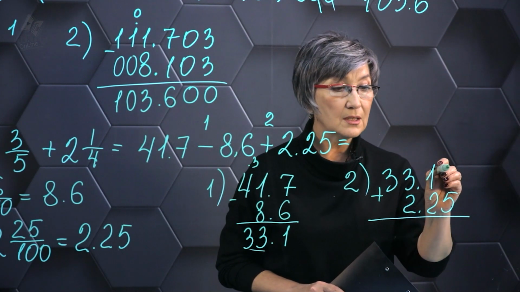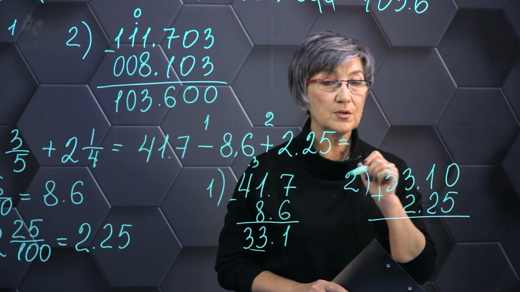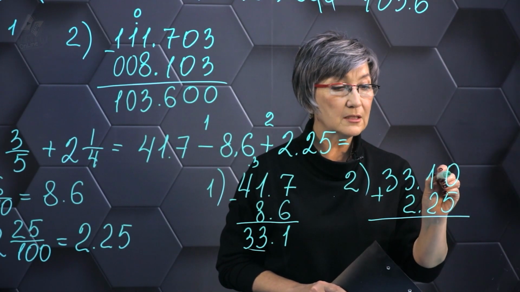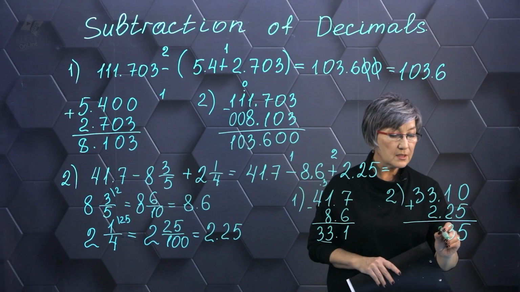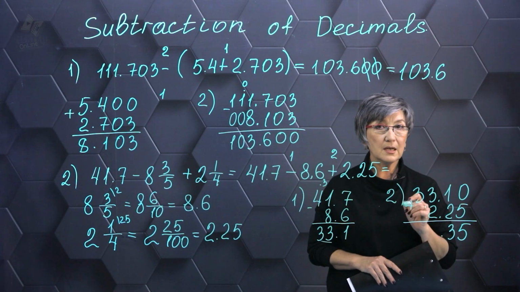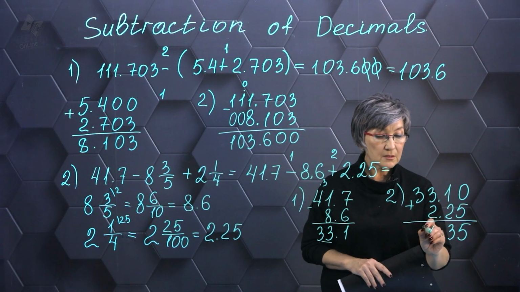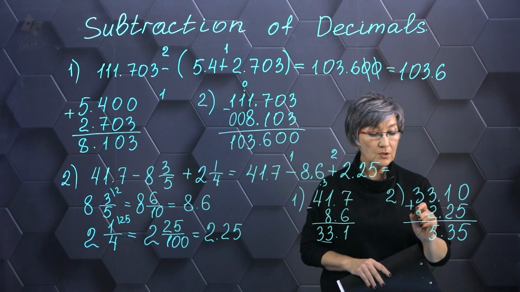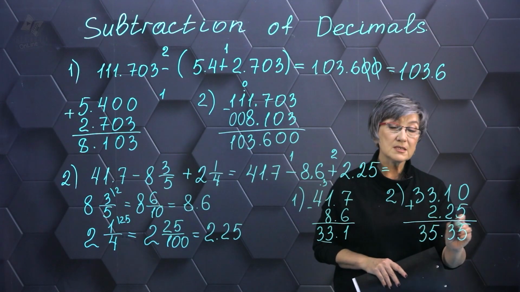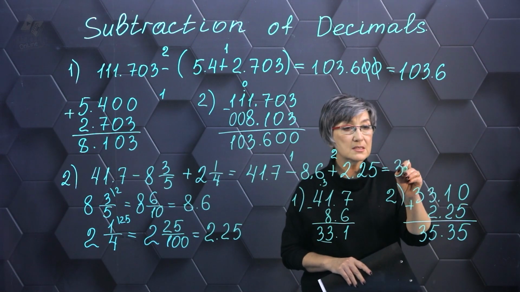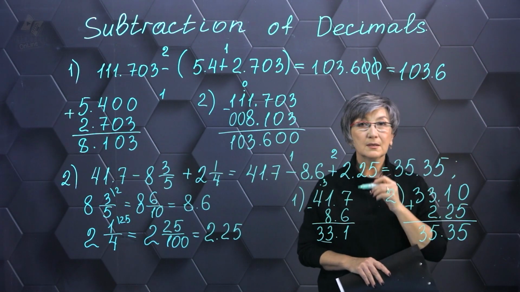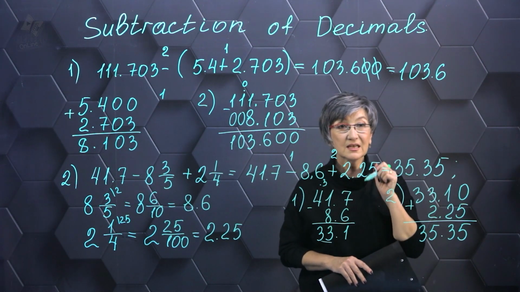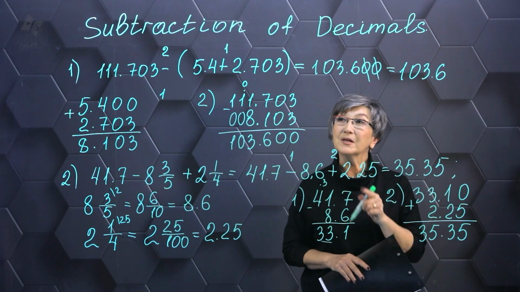Next, I fill in the empty space with 0 and add it up. 0 plus 5 would be 5. 1 plus 2 is 3. Separate the whole part. 3 plus 2 is 5. And 3 plus 0 is 3. The answer is 35 whole 35 hundredths.